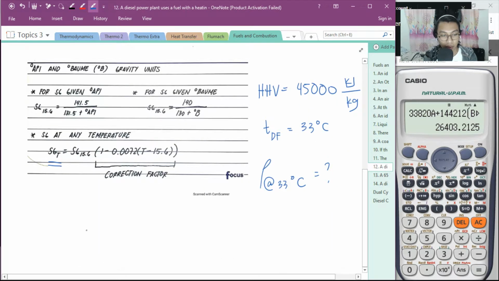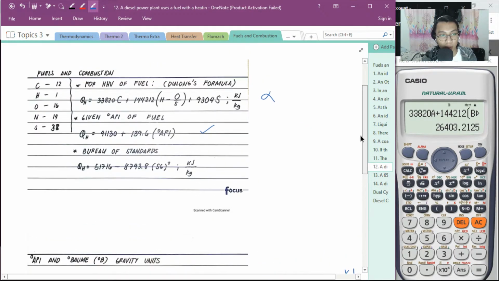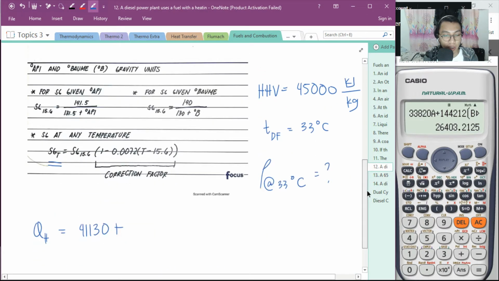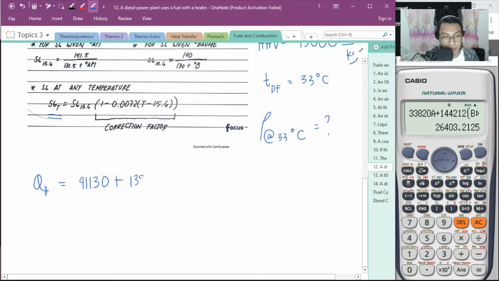Okay. So HHV, QH or HHV is equal to 41,130 plus 139.6 degree API. Now, ito yung solve mo.